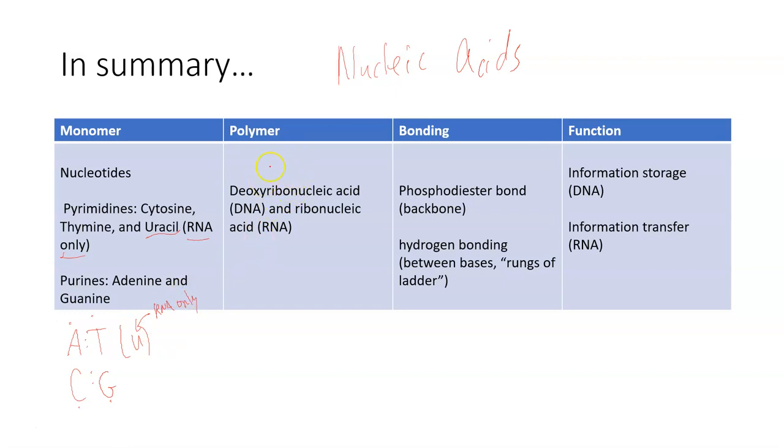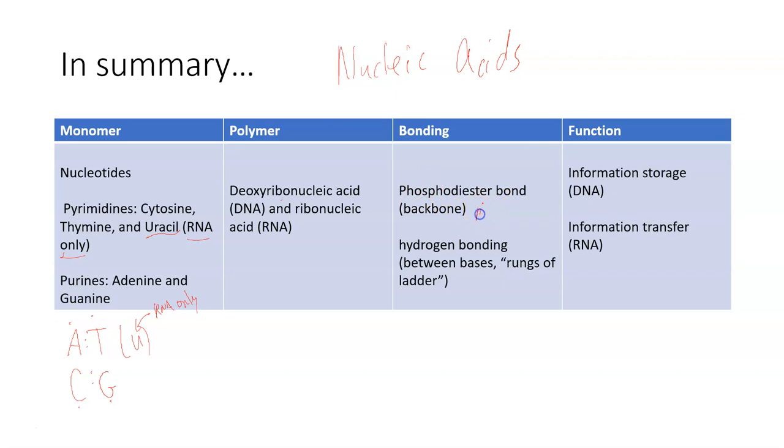The polymer for nucleotides, or for nucleic acids, is known as DNA, and also RNA, deoxyribonucleic acid and ribonucleic acid. Okay, the types of bonds formed in nucleic acids. You have a phosphodiester bond, which is in the backbone.